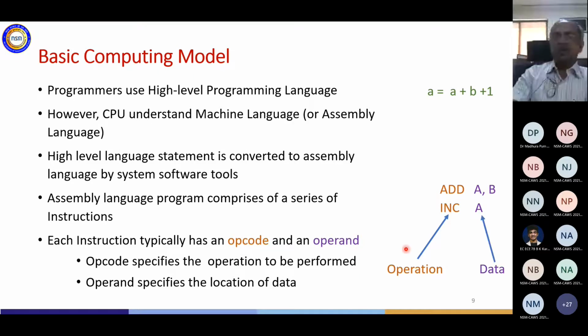Like in this case, the data is found in register A, or increment is a unary operator, so it just needs one operand, whereas ADD is a binary operator, it needs two operands, so it specifies A and B. So what we have seen here is that the higher level language statements essentially get converted into a sequence of assembly language statements which get mapped onto machine language, and that binary code is executed on the CPU.